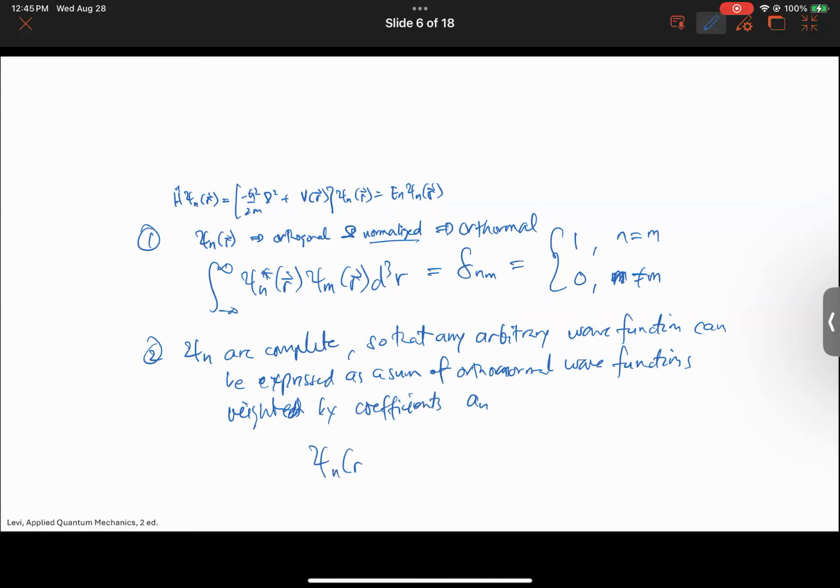Mathematically, you write this as the sum over n of A sub n psi n of r.